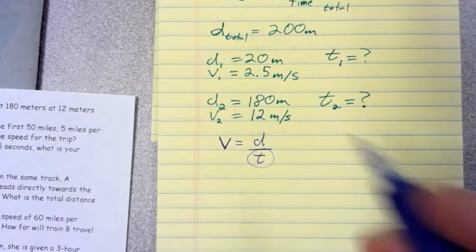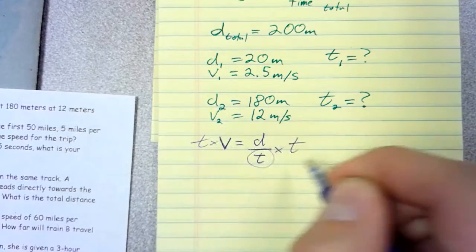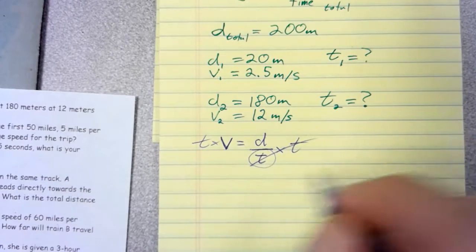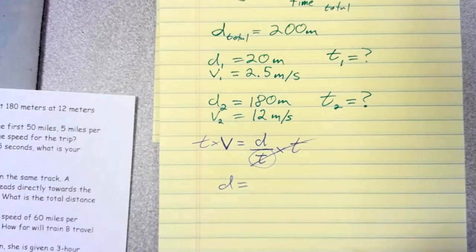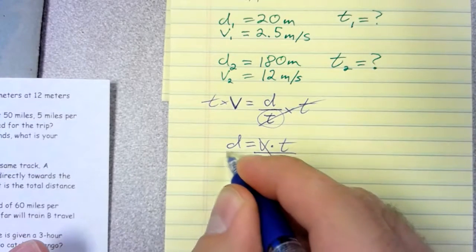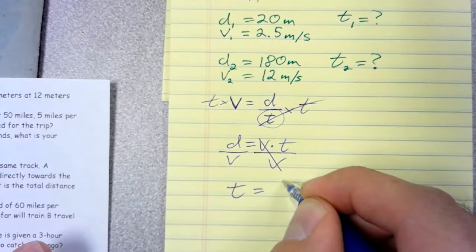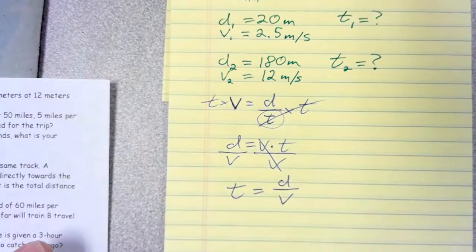So we'll go ahead and first get it out of the denominator, times t on both sides, so that I find that distance equals velocity times time. Now I can go ahead and divide both sides by v to find that time is equal to distance divided by velocity.